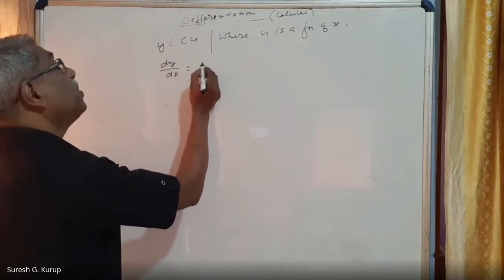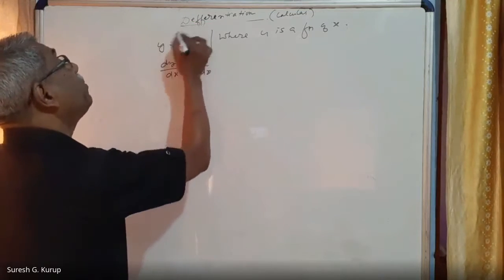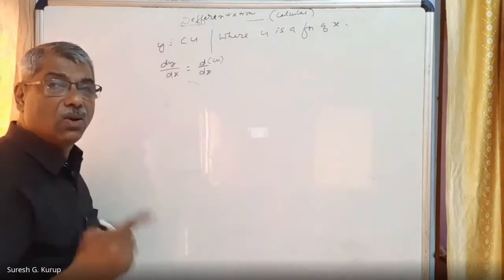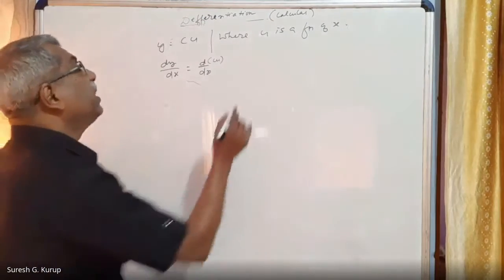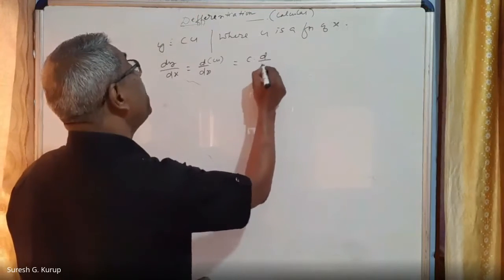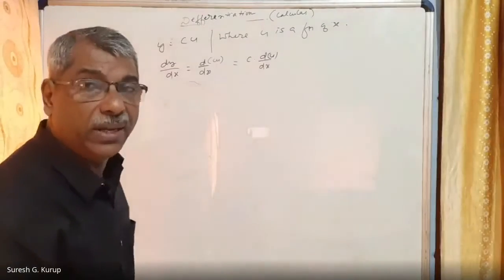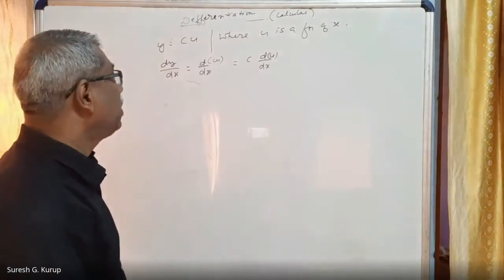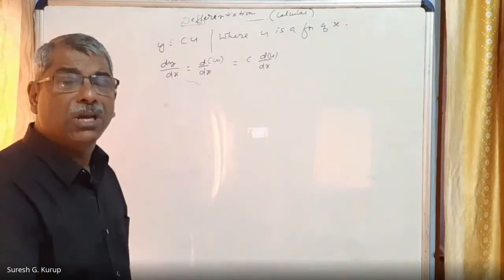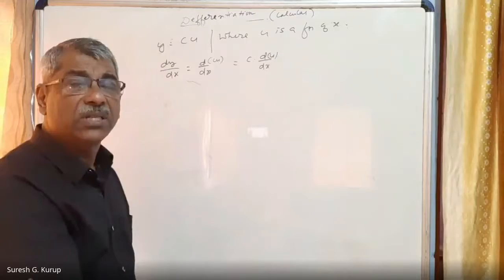Dy by dx is equal to d by dx of y. Y is equal to cu only. You will write cu here. But c is a constant, it can be taken outside. Then what you write? This is equal to c into d by dx of u. You can write du by dx. So this is another rule. That means y is a function of a constant and a variable. Then the constant is taken outside and the variable is differentiated.